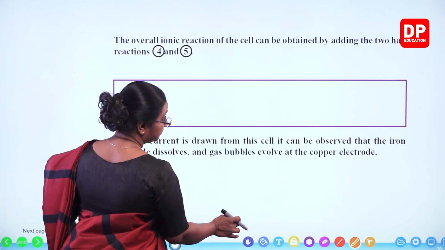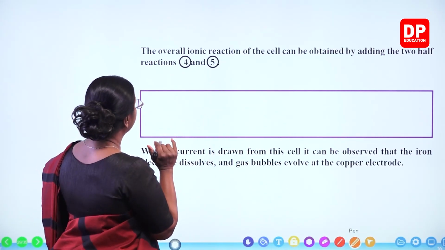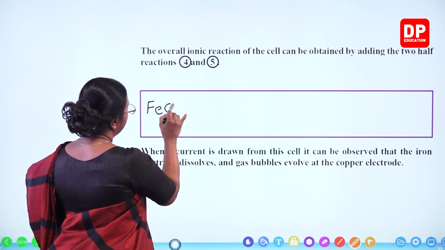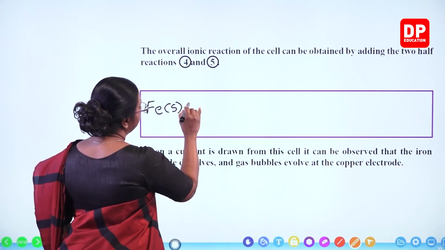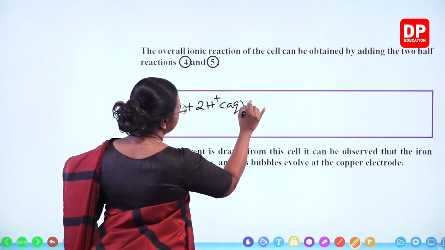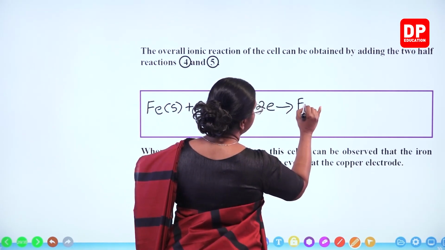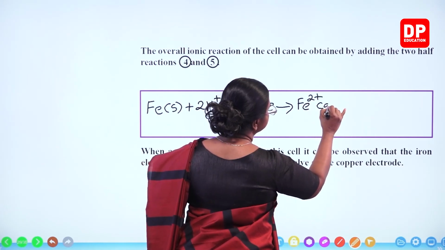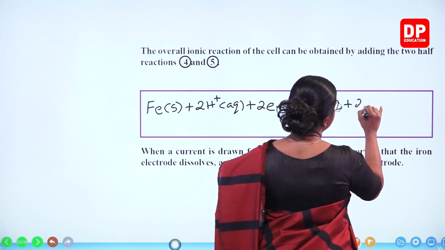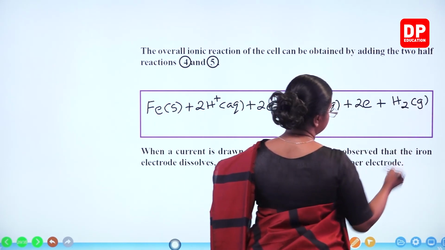What do we get when you add them together? Now you remember here the metal is iron. Iron solid plus 2H plus aqueous, taking up 2 electrons, giving rise to Fe2 plus aqueous, and we have 2 electrons plus H2 gas.